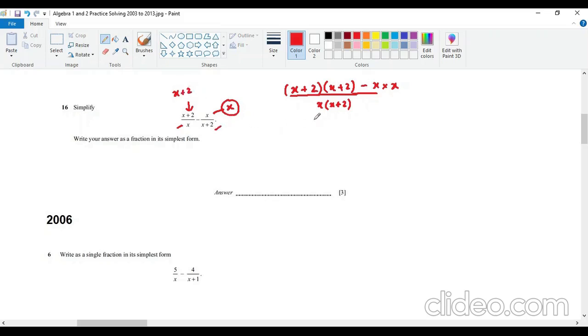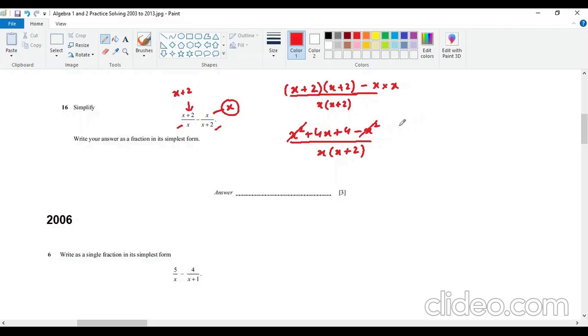So we will have on top x square plus 4x plus 4 minus x square over x bracket x plus 2. That means over here, this is going to be cancelled with this.